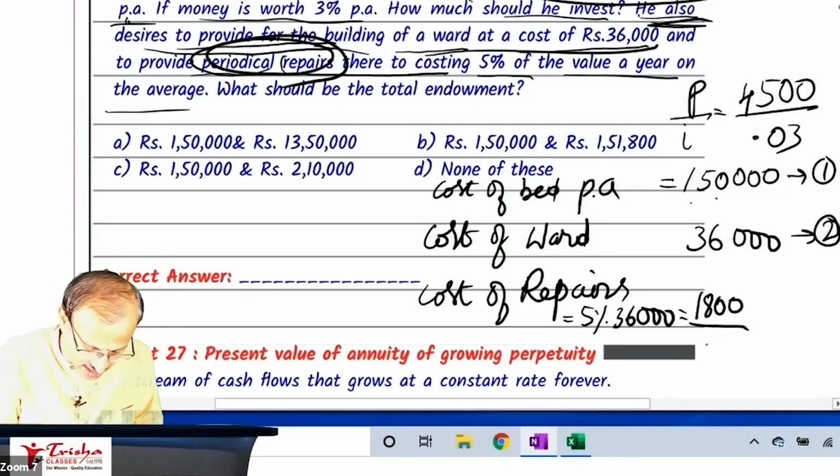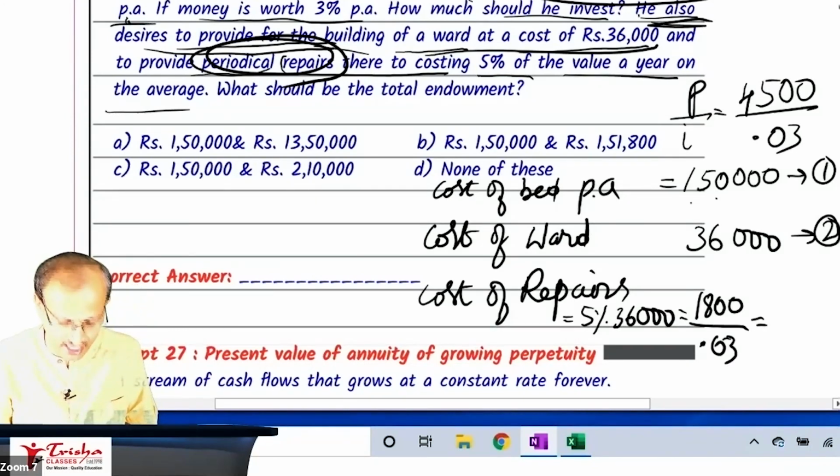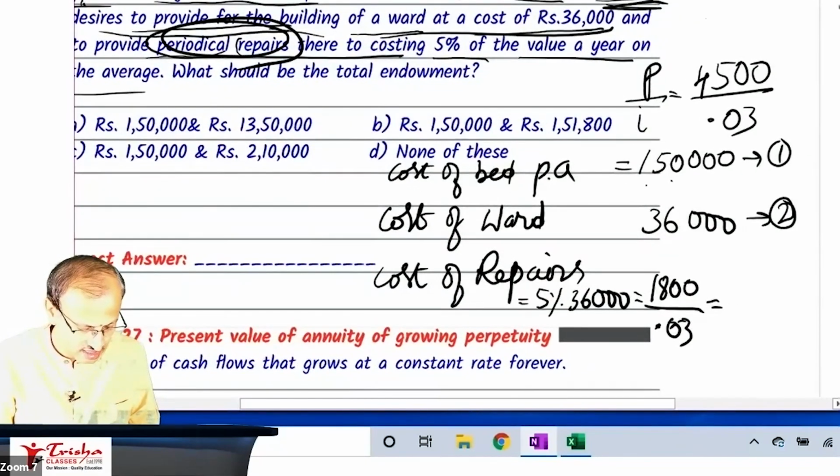So I have to take P by I as 0.03, calculator. 1800 divided by 0.03. What is your answer? Quick. 60,000. Super.